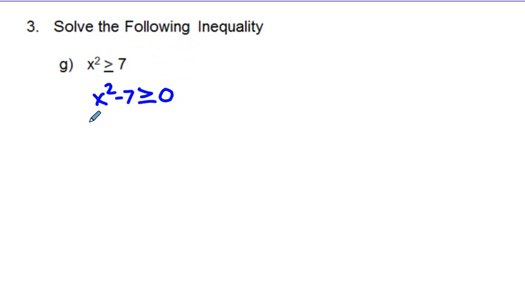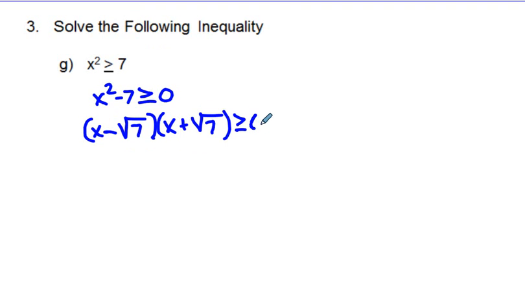And so we can now use the difference of squares on the left side and write this as quantity x minus square root of 7 times quantity x plus square root of 7. Let me make a little more space here for that. I'm using the bigger pen here. x minus square root of 7 times x plus square root of 7 is greater than or equal to 0.